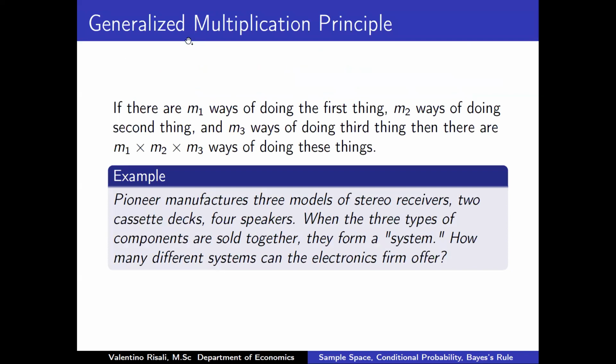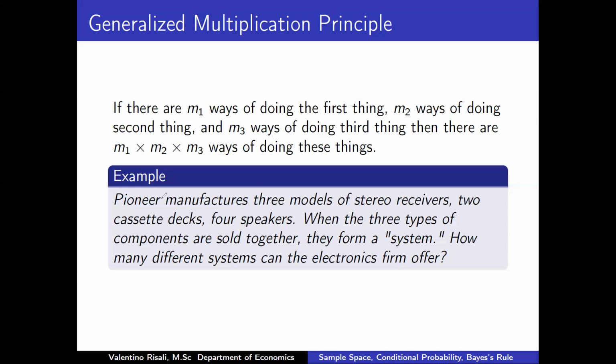Then if in the previous slide we discussed 2 things, we can generalize the multiplication principle into 3, 4, and so on. So if we have m1 ways to do the first thing, m2 ways to do the second thing, and m3 ways to do the third thing, we get m1 times m2 times m3 ways to do these things.